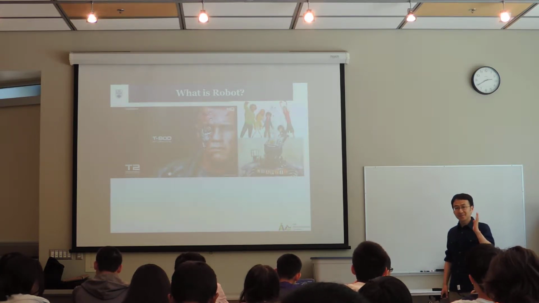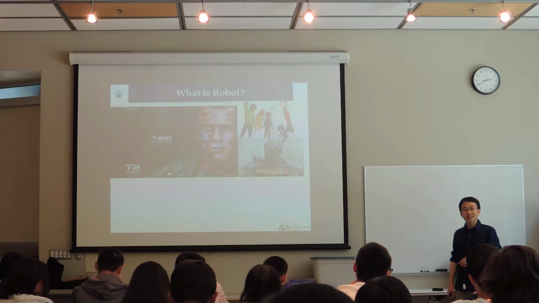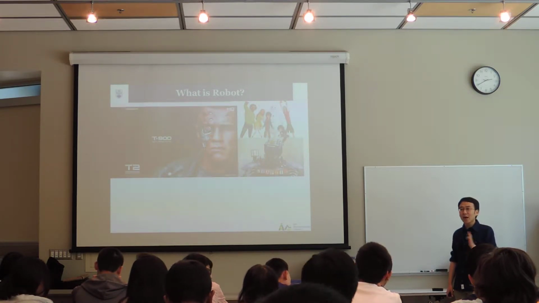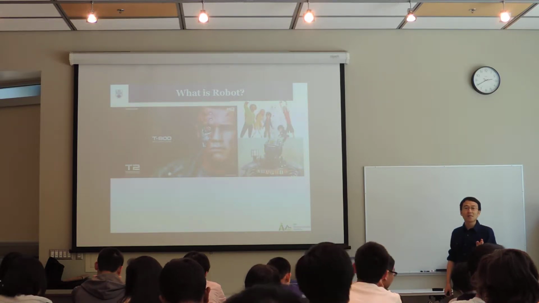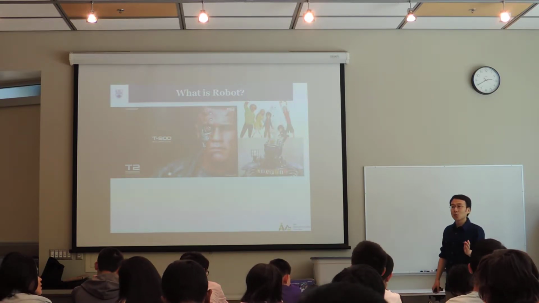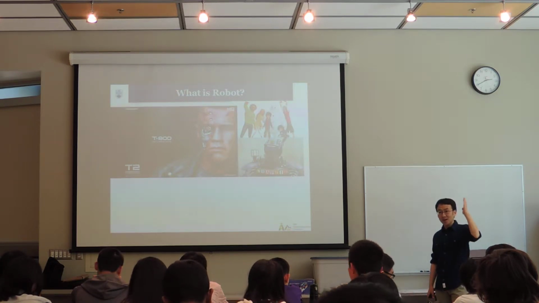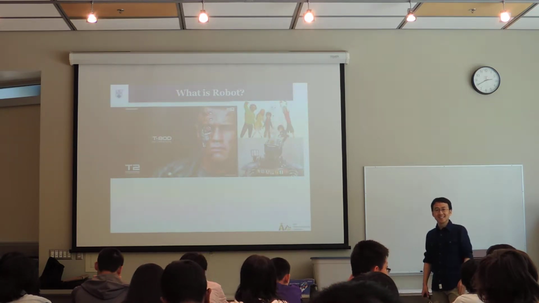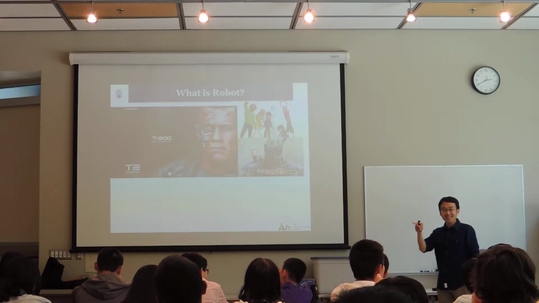Who can tell me? Just give a try. There's no right or wrong answer. But this gives you an idea about what you think a robot is. Try it. Can I pick one?